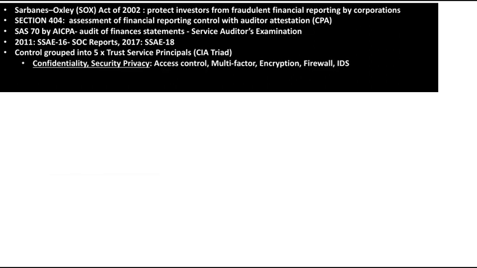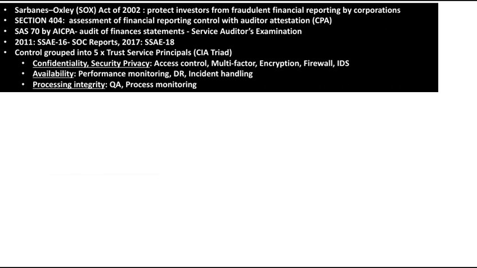So the controls are assessed based upon how they address these 5 principles, and these 5 trust service principles are confidentiality, security, privacy, then availability, and the fifth one is processing integrity.